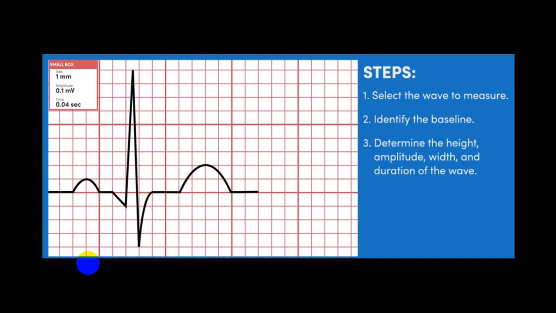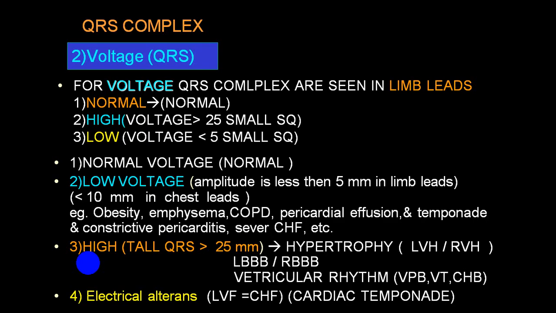Now whenever you start reading an ECG, first we look at the quality, then the standardization regarding amplitude and duration, that is speed. Now you look at the voltage. For the voltage of the QRS complex, you must look in the limb leads and in the chest leads.